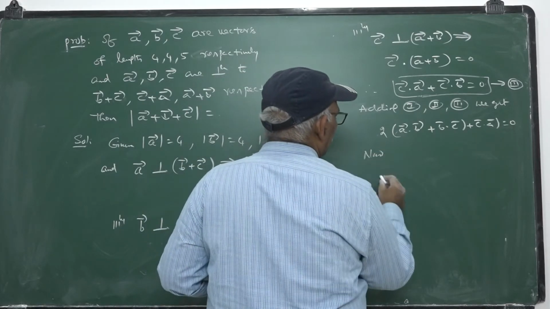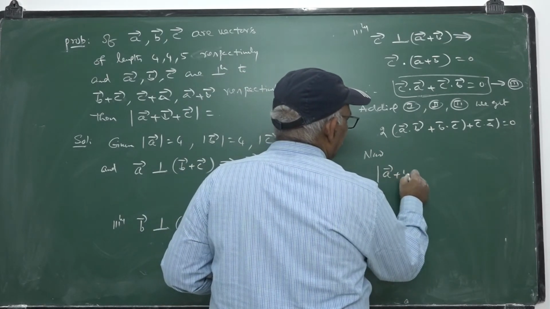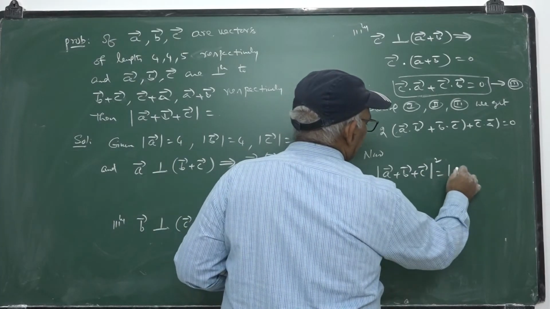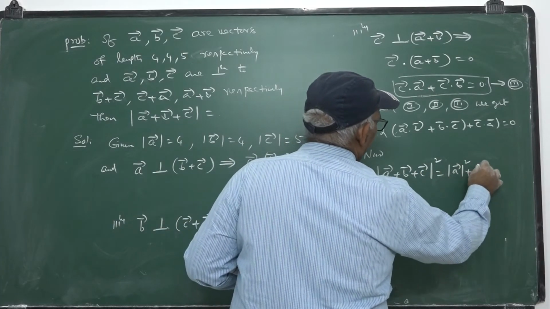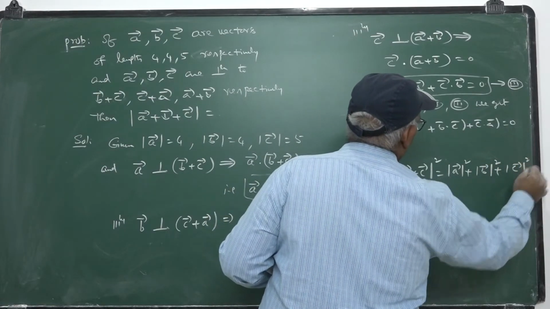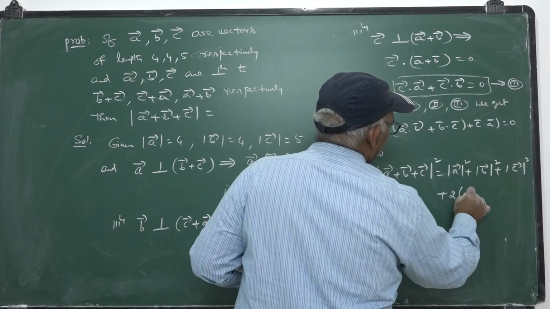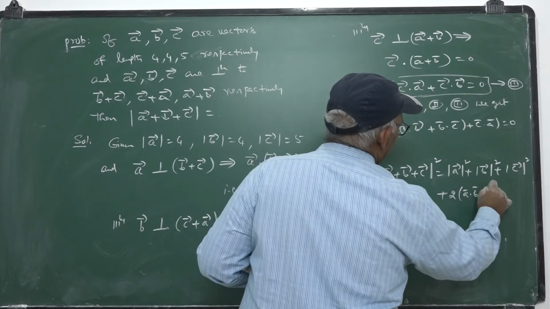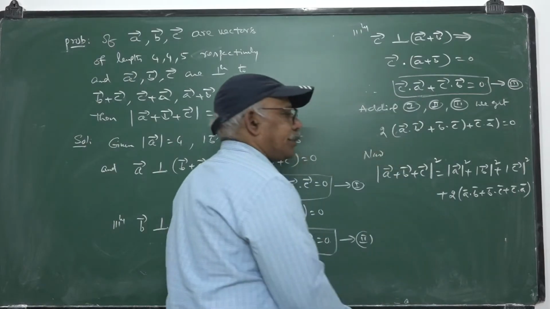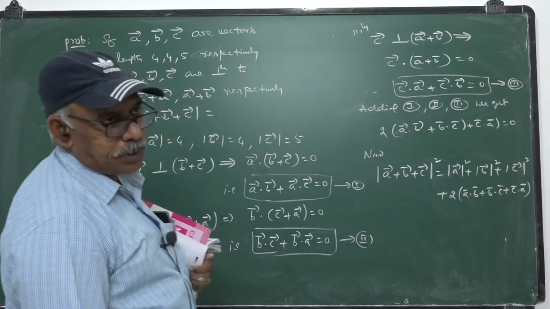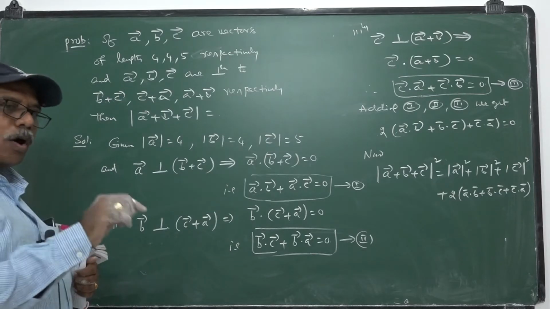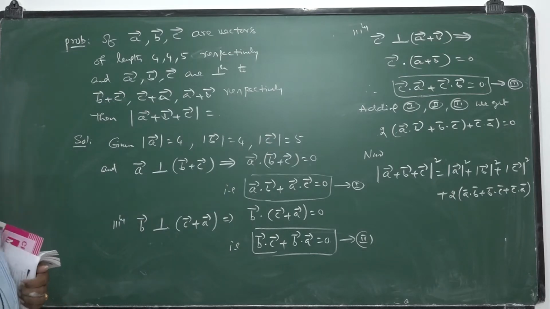Now, modulus of A bar plus B bar plus C bar whole square is nothing but mod A bar square plus mod B bar square plus mod C bar square plus twice the quantity A dot B plus B dot C plus C dot A. The square of the magnitude of A bar plus B bar plus C bar is A bar plus B bar plus C bar dot A bar plus B bar plus C bar itself.